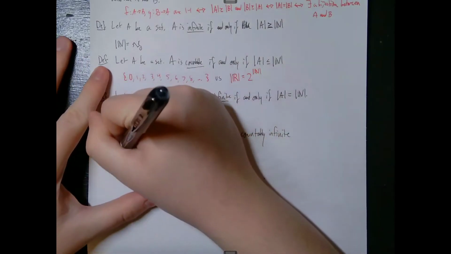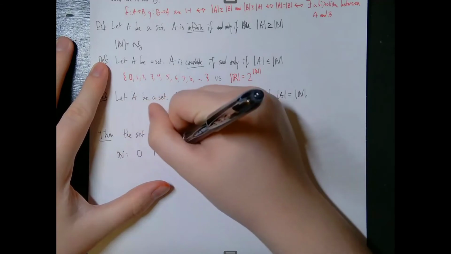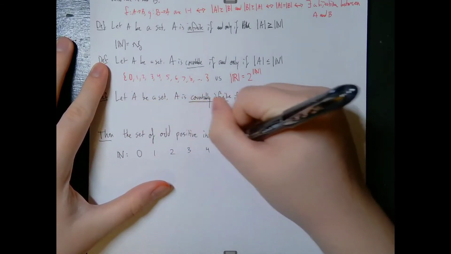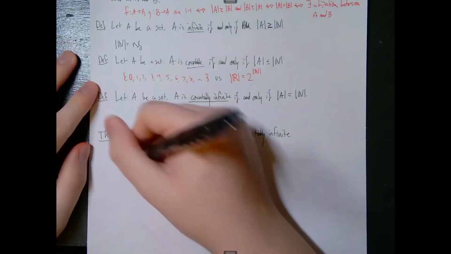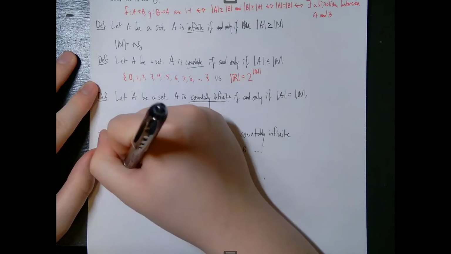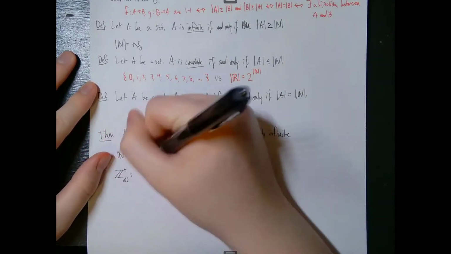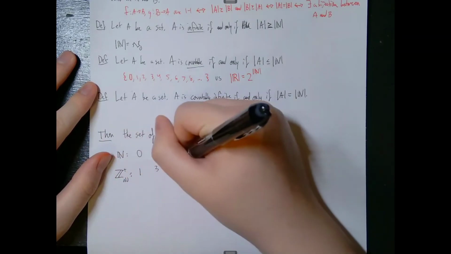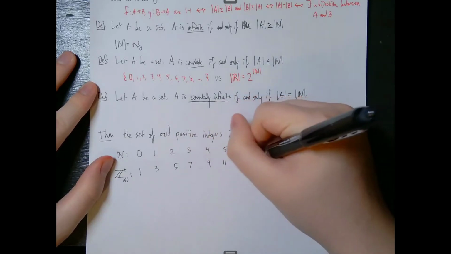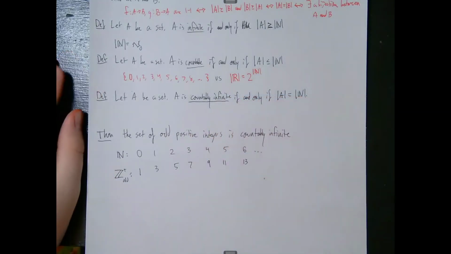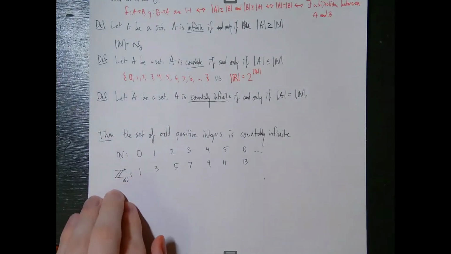For the natural numbers, we have 0, 1, 2, 3, 4, 5, 6, and so on. Then the odd positive integers, Z plus odd, would be 1, 3, 5, 7, 9, 11, 13, and so on.